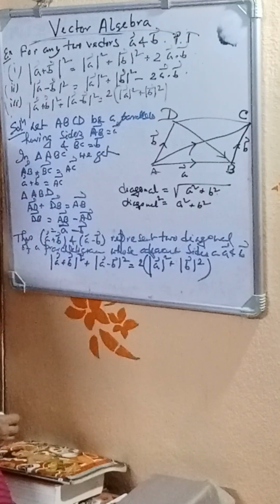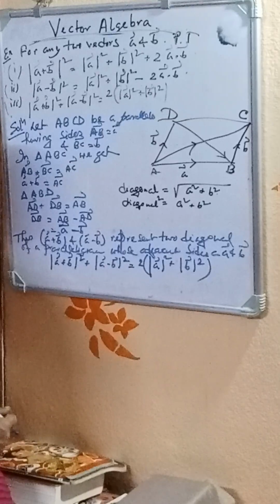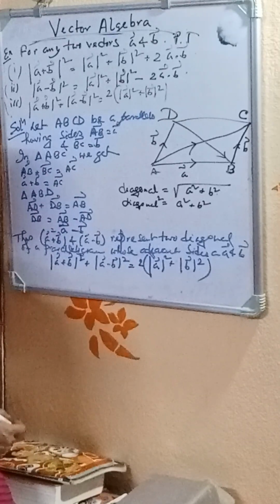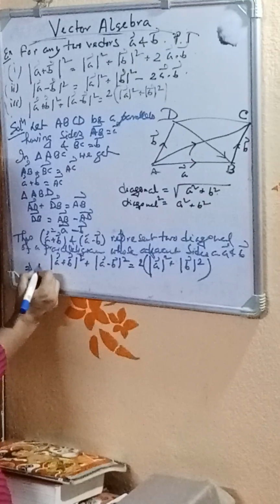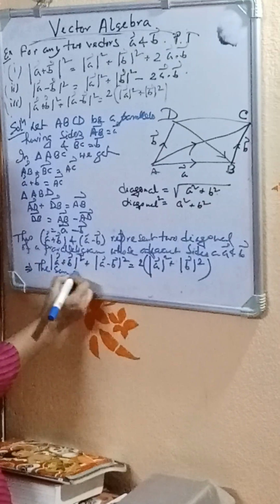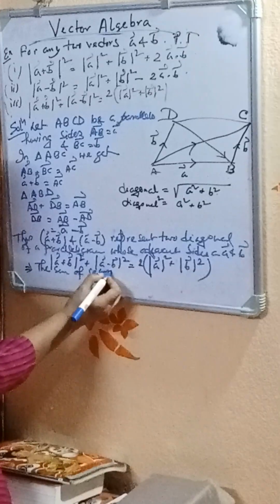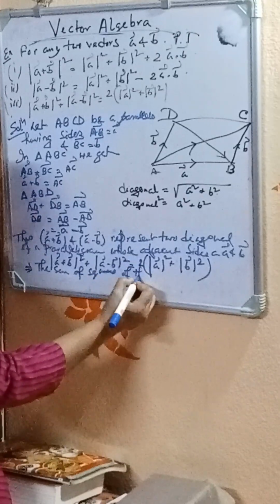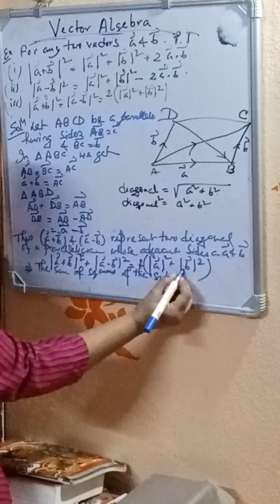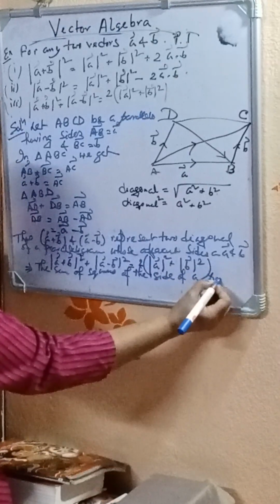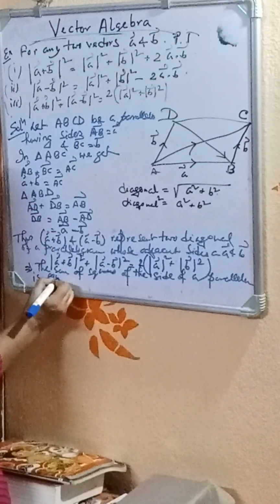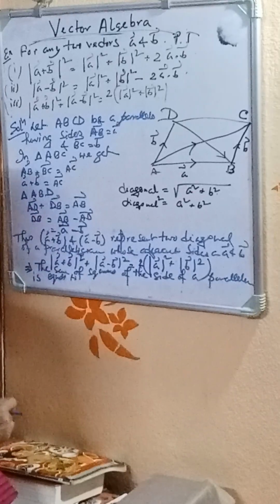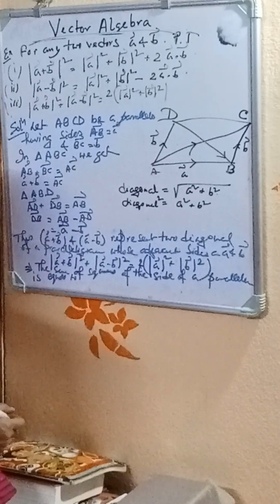This implies the sum of the squares of the sides of a parallelogram equals the sum of the squares of the diagonals of the parallelogram.